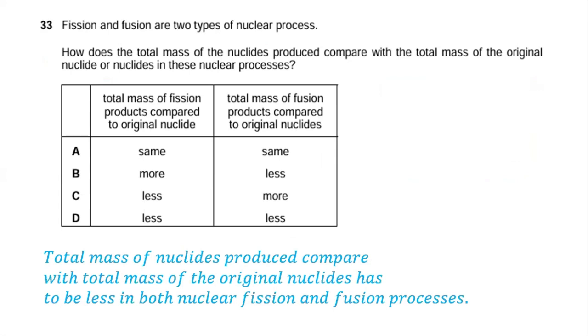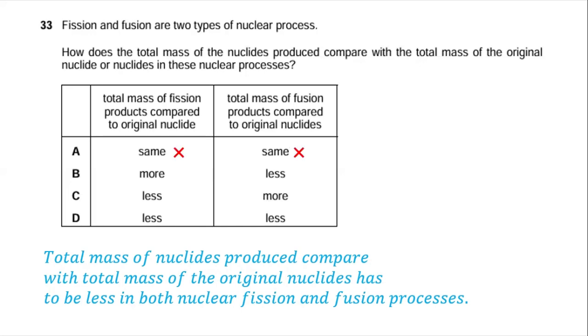So we know total mass of nuclides produced compared with the total mass of the original nuclides has to be less in both nuclear fission and fusion processes. So we can see the first column, total mass of fission products compared to original nuclide. Second column, total mass of fusion products compared to original nuclides.